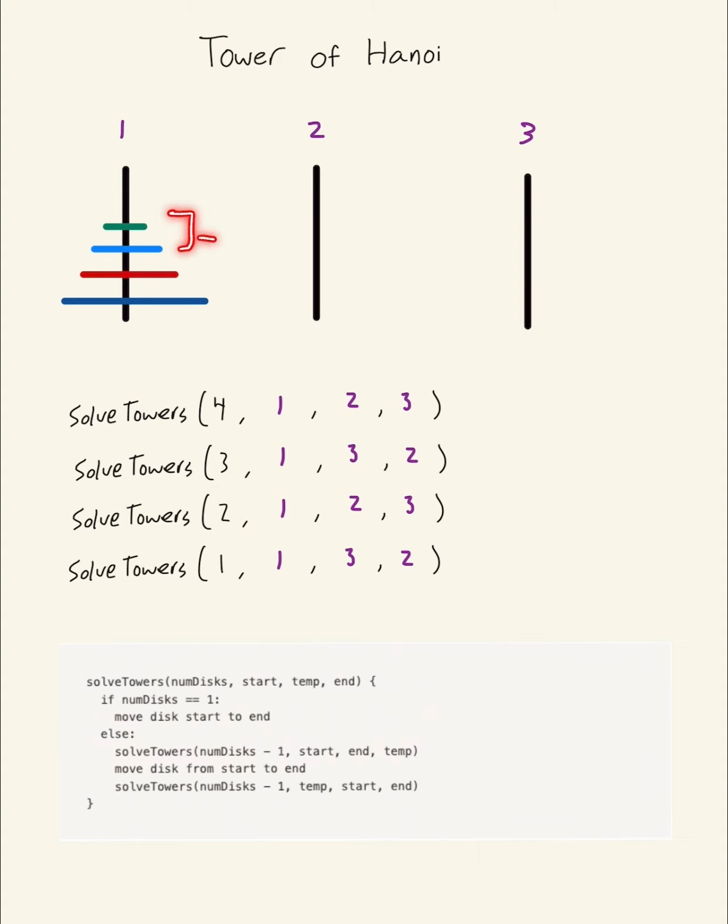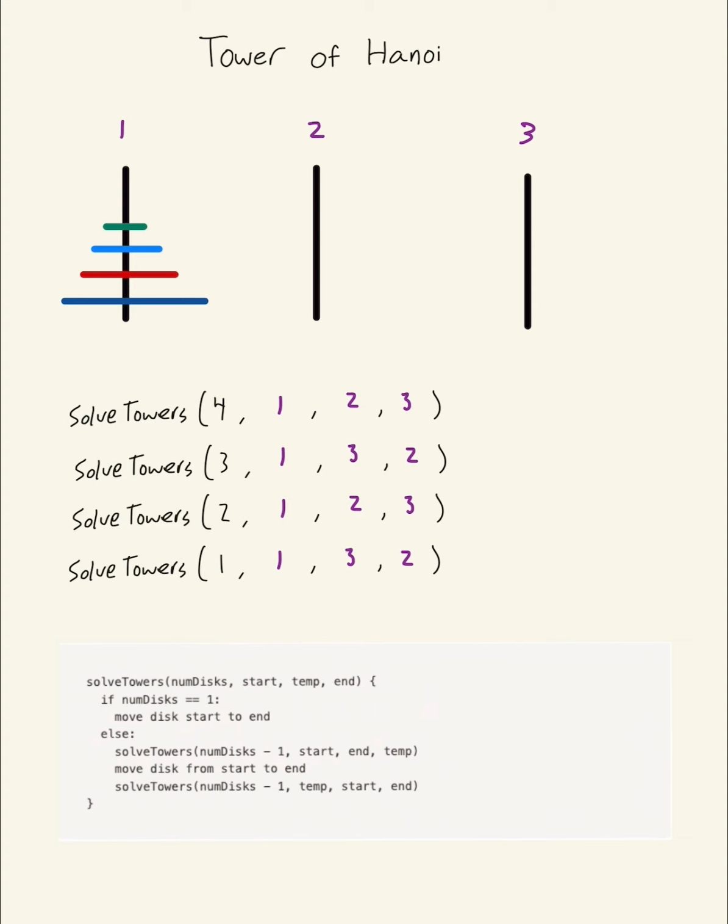these guys all the way over here, the first step would be to get this one over here, but we can't do that yet because this one is on top of it. So again, it's a new subproblem. How do we get a tower of size 1 over here so that we can move this one over here?